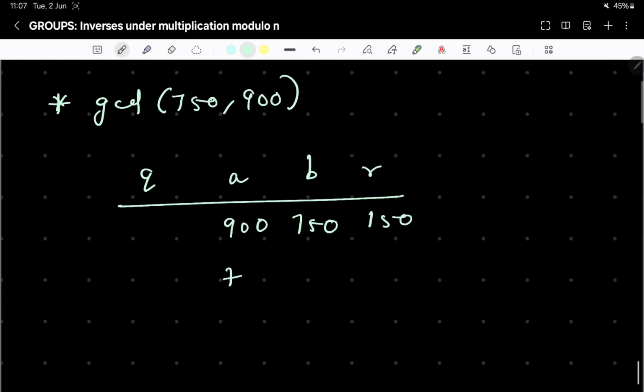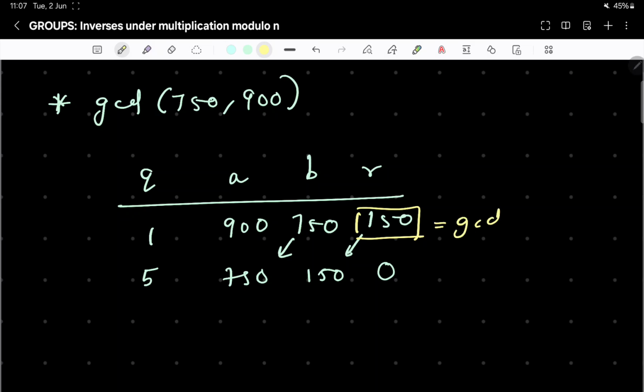Now change positions. 150 divides 750 completely, 5 times it goes. So what is the remainder just before 0? That is your GCD. This is the GCD of 750 and 900.